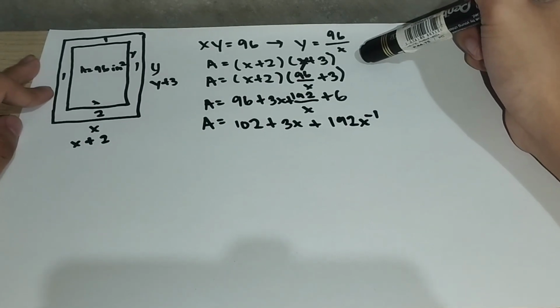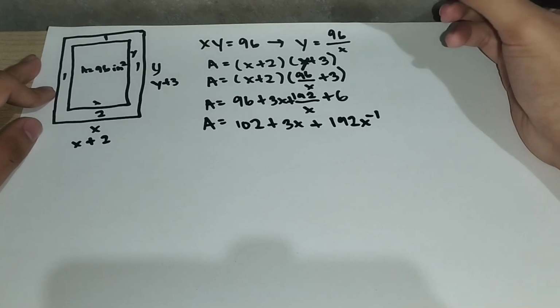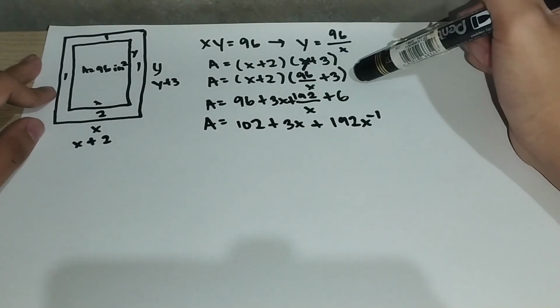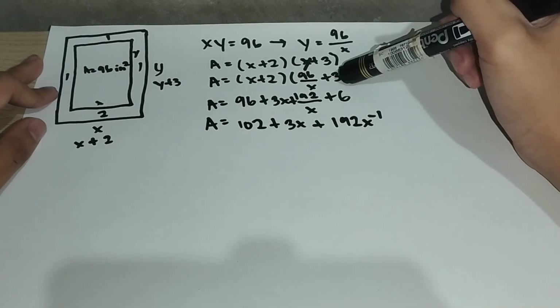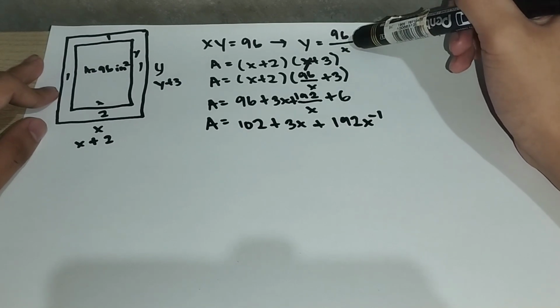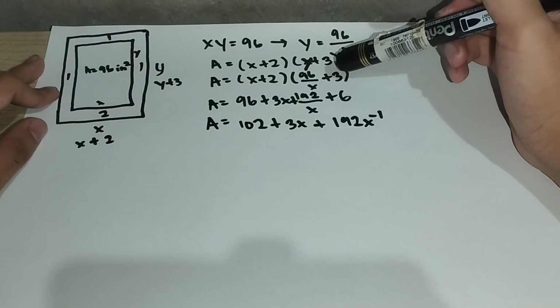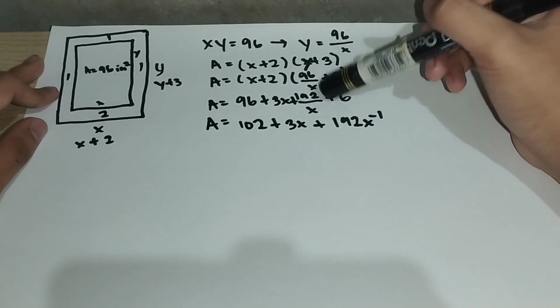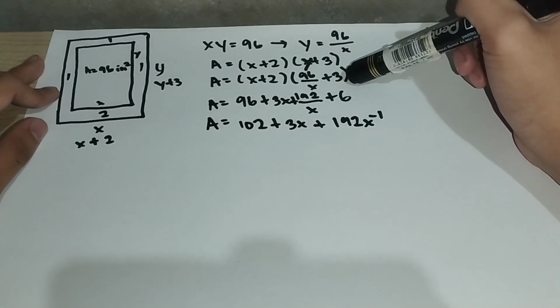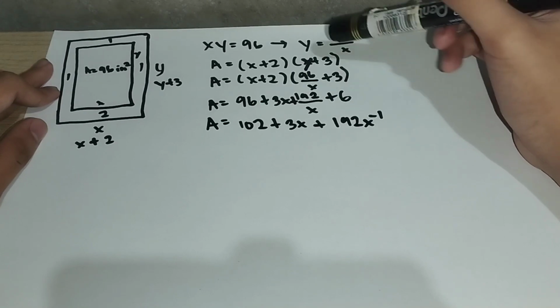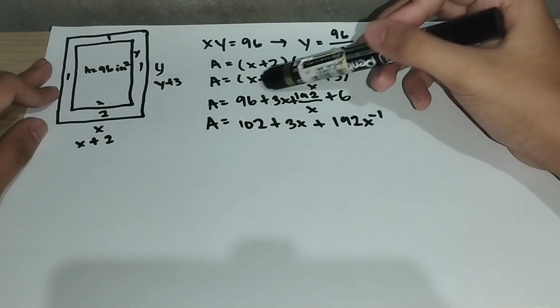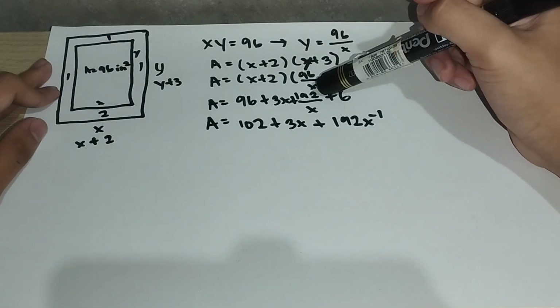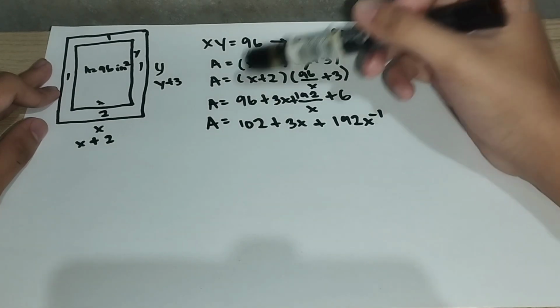After that, let's solve for the area. So A is equal to X plus 2 times Y plus 3. Then we substitute Y to get X plus 2 times 96 over X plus 3. After that, we use the FOIL method. X times 96 over X is equal to 96.